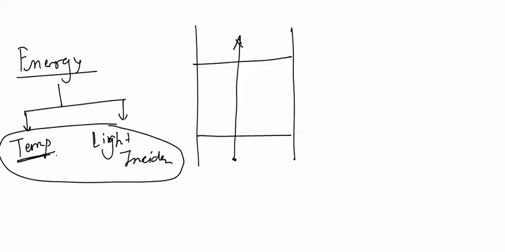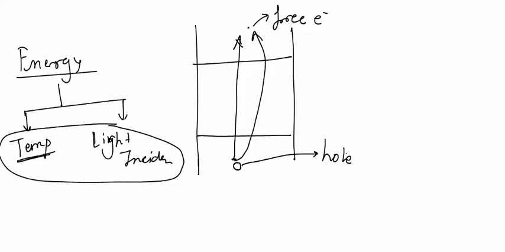If temperature of the material is increased, we can say that energy is being supplied to the material, and with this energy supplied, an electron will gain some energy, and if it is sufficient to break the bond in the material, this electron will break the bond and will move from valence band to conduction band and become a free electron. And the deficiency of electron in the valence band is called hole.